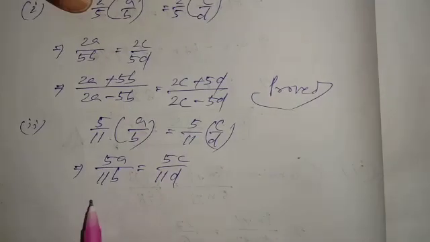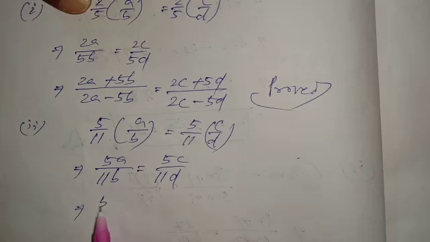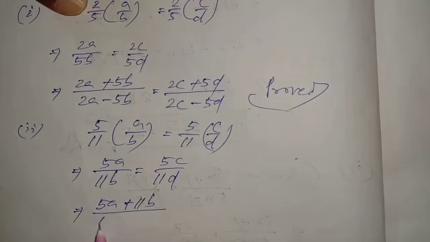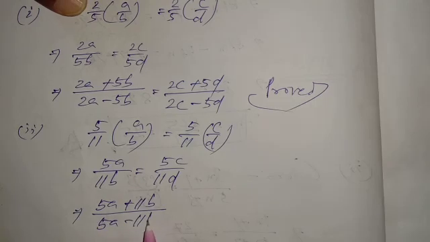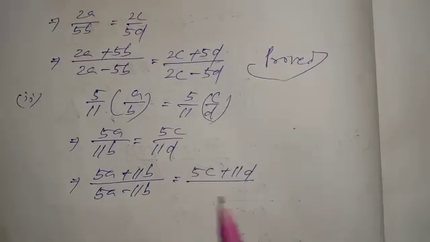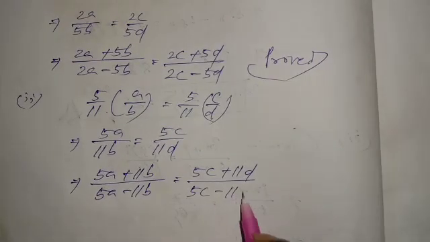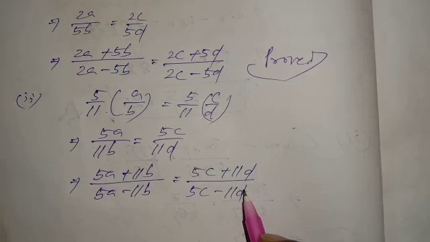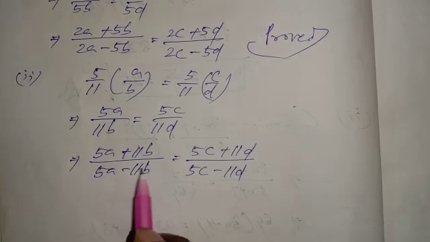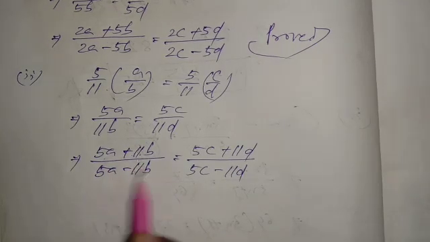Again you apply componendo and dividendo. Componendo means plus, so (5a plus 11b) divided by (5a minus 11b). Same process, right hand side, (5c plus 11d) divided by (5c minus 11d). Now you see, again you have to prove (5a plus 11b) by (5c plus 11d).